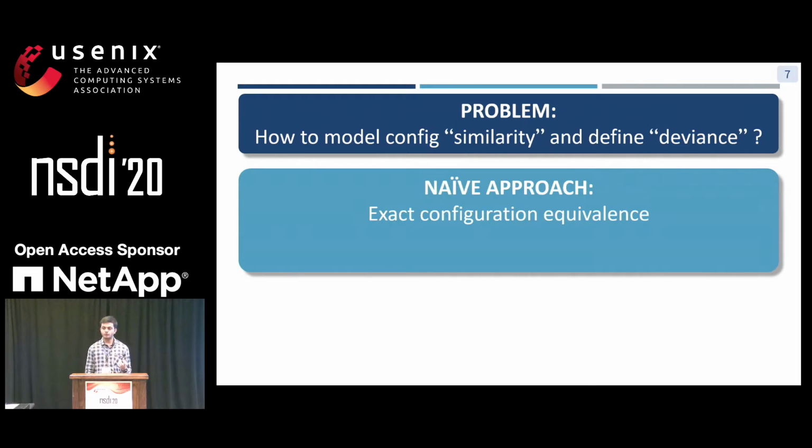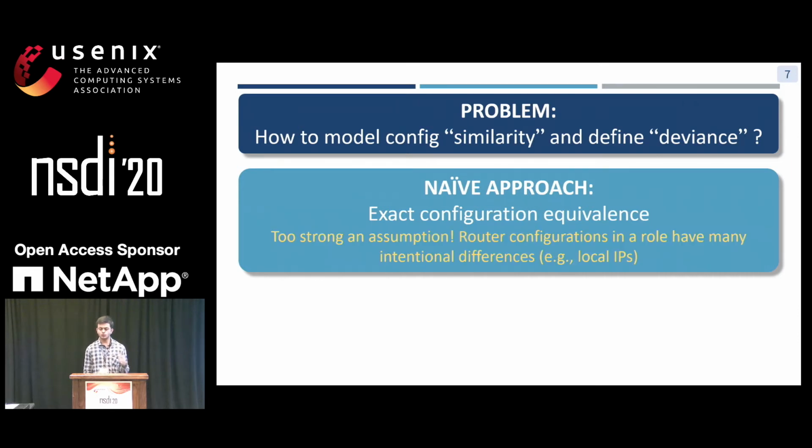A naive approach would be to use exact configuration equivalence. Two router configs are treated as similar and grouped together if they are configured exactly the same. A group with few configs is likely misconfigured. Such an approach can identify outliers in the simpler aspects of configuration, such as the set of DNS servers or the MTU values on interfaces. However, this is too strong an assumption for more complex aspects like access control lists and route policies.